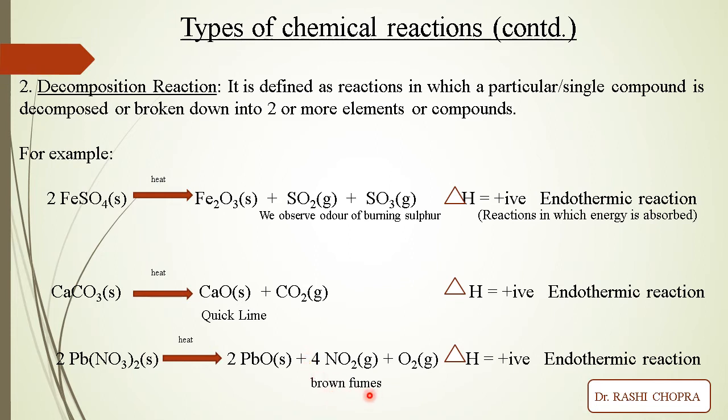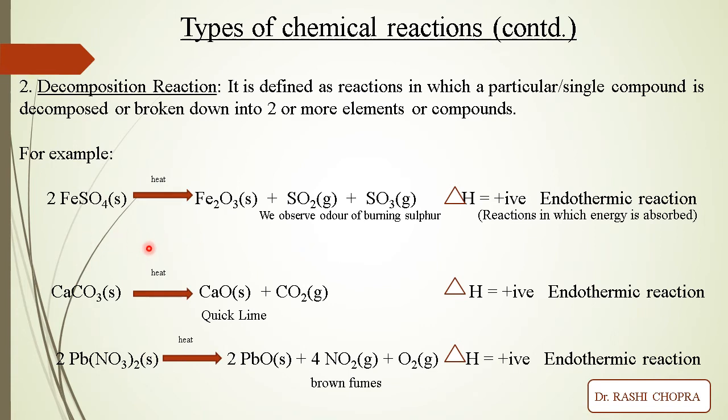So in all of these, one single reactant has decomposed into many fragments. If somebody asks you to look at the equation and tell whether it's a combination or a decomposition, remember that in combination there should be two or more reactants, but here there is only one reactant.